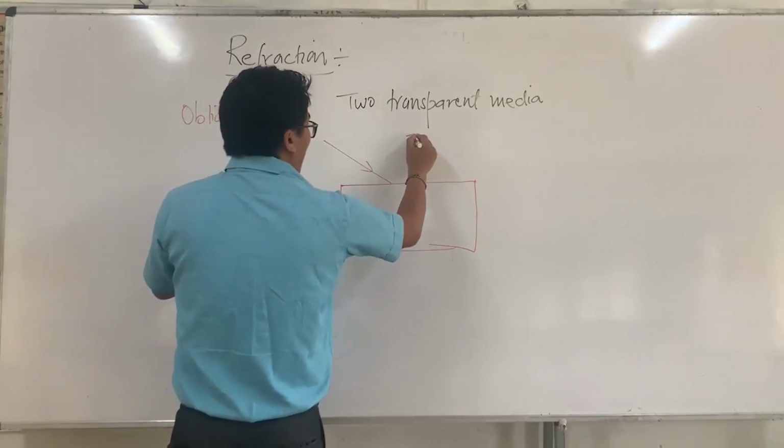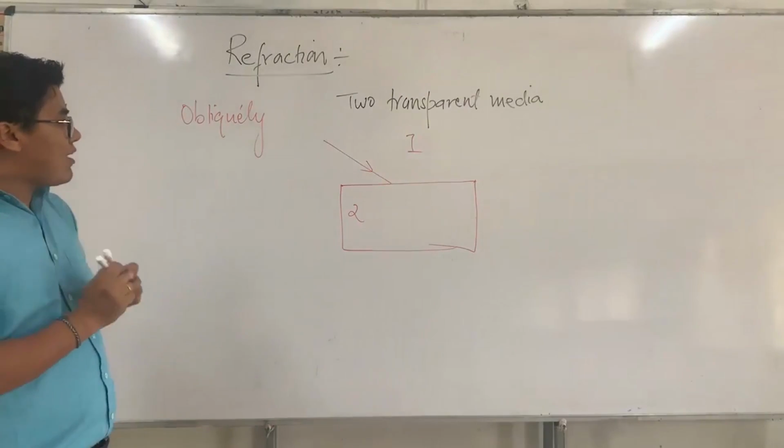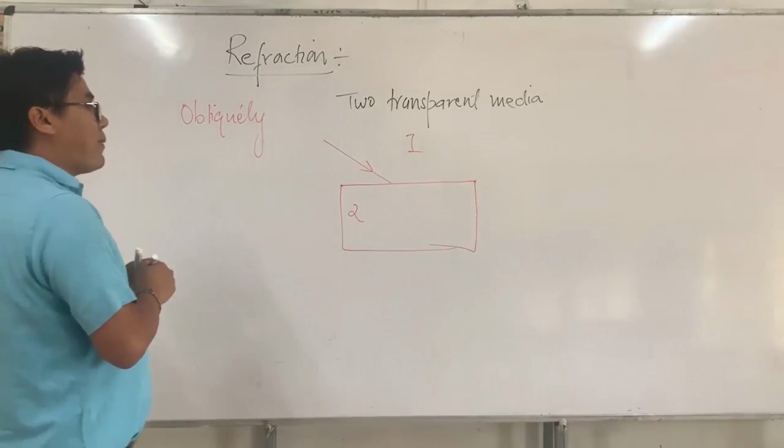This is medium number 1, this is medium number 2. When a light travels obliquely from one medium to another medium, two things will take place.